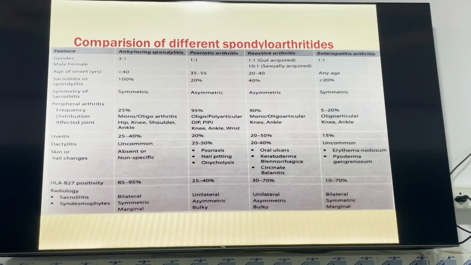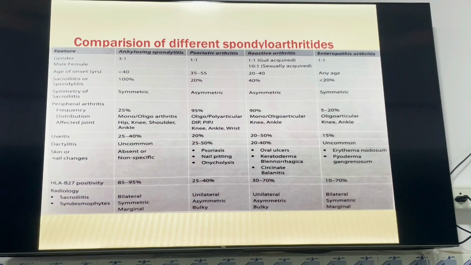Sacroiliitis may be in 20% of the cases, and it is asymmetric. Peripheral joints, frequency about 95%. Distribution, either oligoarthritis or sometimes polyarthritis. Distal joints. Uveitis, 20% of the patients.